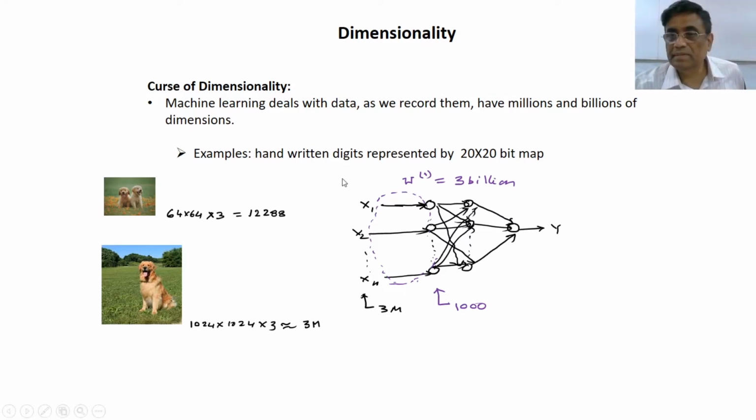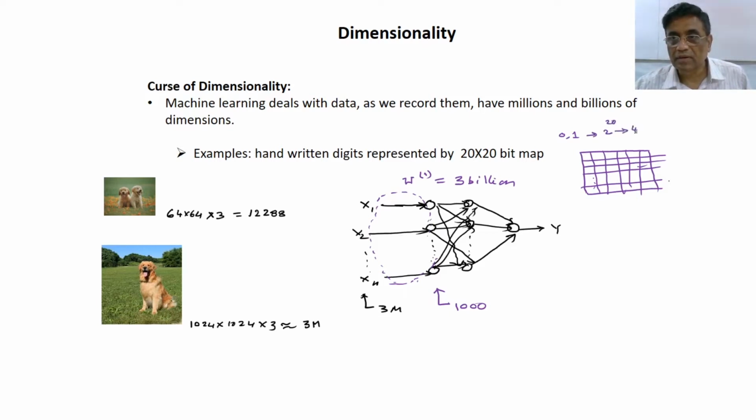Similarly, handwritten digit representation, same thing. Suppose you are trying to represent a digit, this is 20 by 20, with a bitmap, so 0 or 1, that is black and white, so 400 elements will be there.